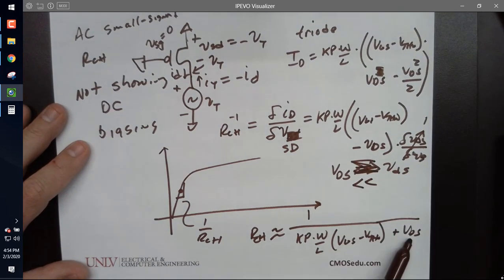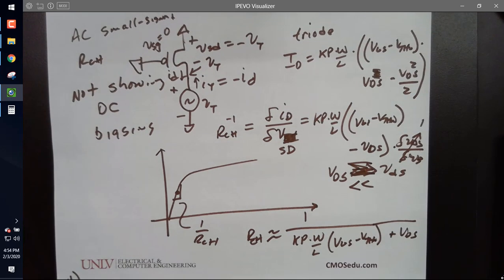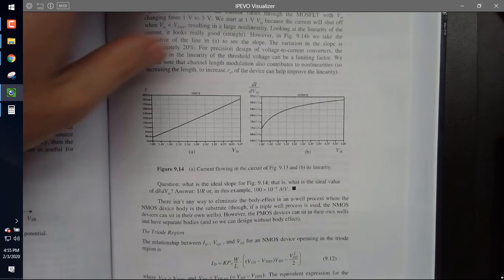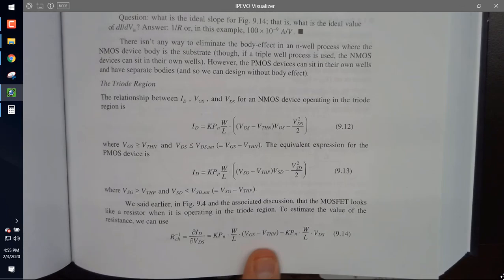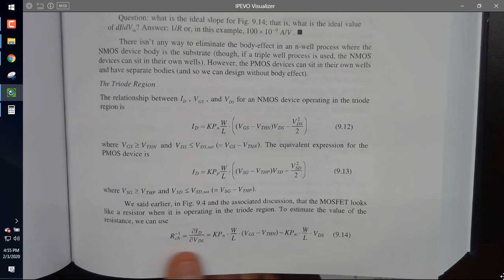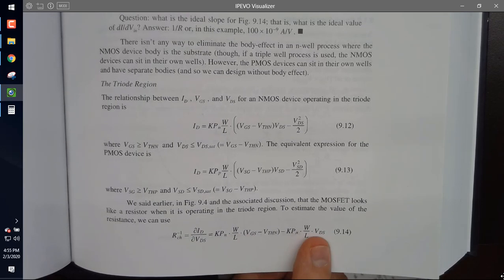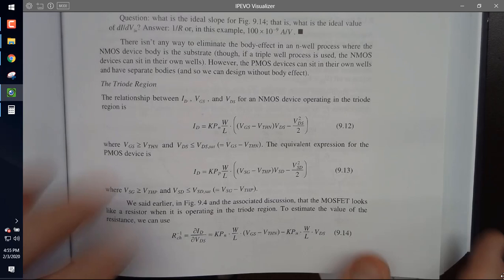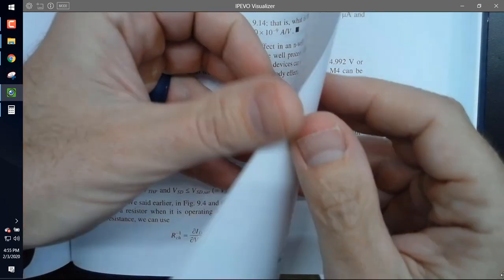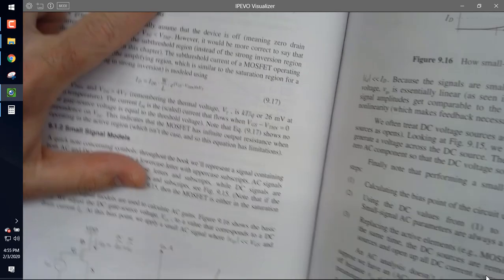Then this is small, and I'll just show you where it is in the book. Triode region, right here, the bottom of page 285. There's our friendly equation, 1 over R channel equals KP. And this term, if it's small, goes to 0. So we can write it out just to be exact, like this, which I just did.